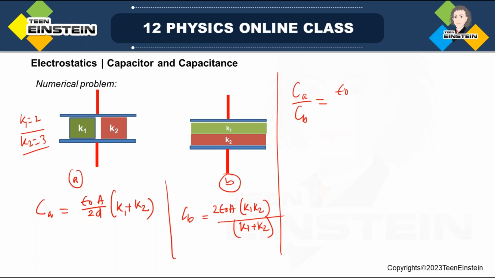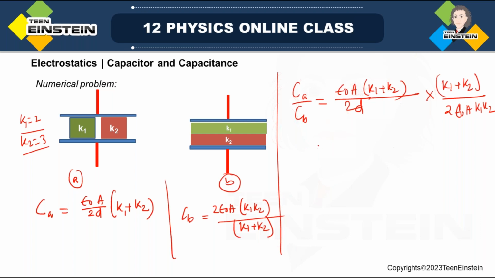So CA is epsilon 0 A times (K1 plus K2) divided by 2D, and CB is K1 plus K2 in the numerator divided by 2 epsilon naught A K1 K2.